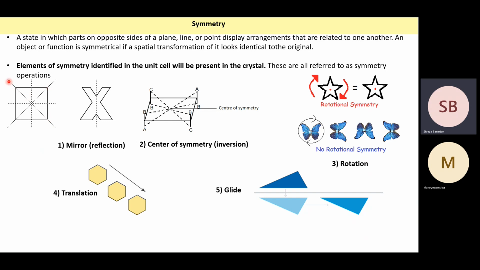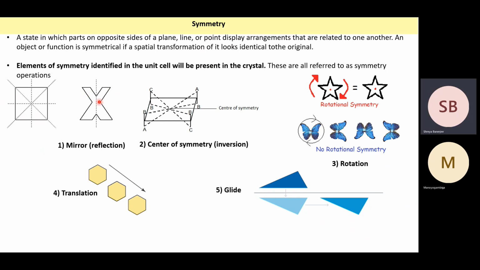That is called mirror symmetry. In this square, you can have four possible mirrors for the mirror symmetry. If you imagine a mirror passing through this dotted line, then one side is a reflection of the other side. Or a mirror passing through this horizontal line. Again, one side of the square is a reflection of the other side.